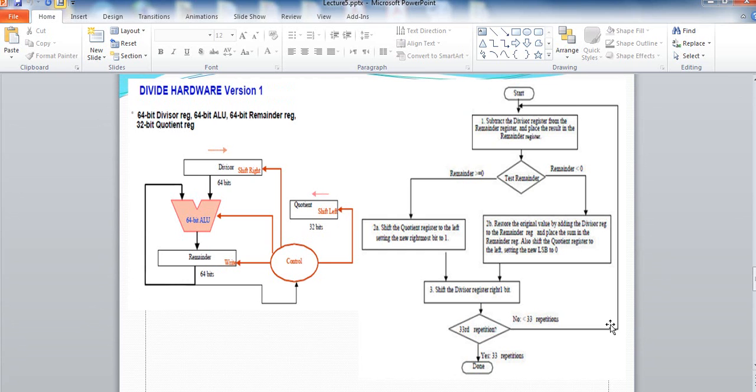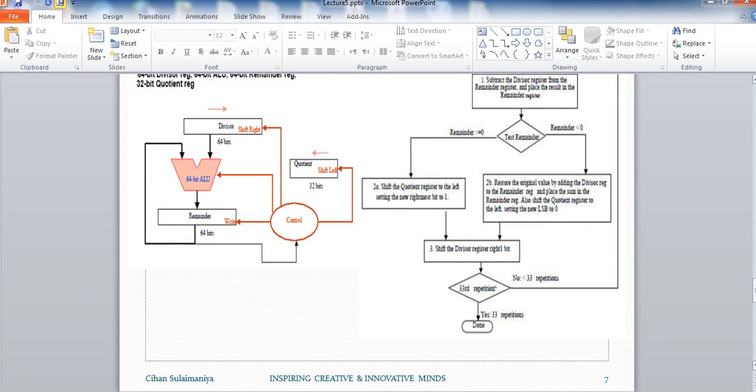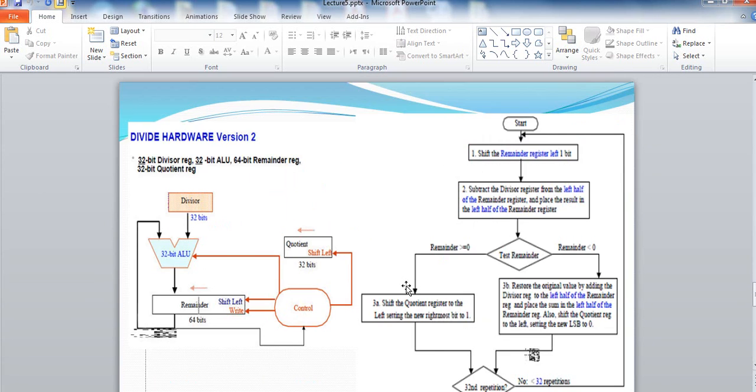For the cheaper process, the divisor is just 32 bits, because the arithmetic logic unit is very expensive to make 64 bits. So you go for 32 bits, and this is much cheaper, less cost.